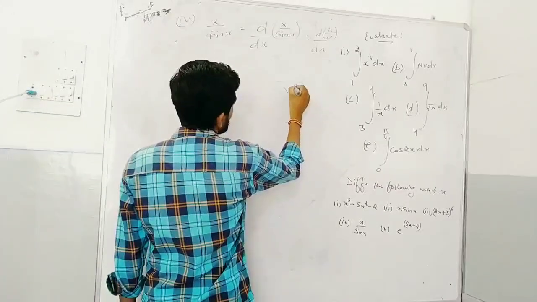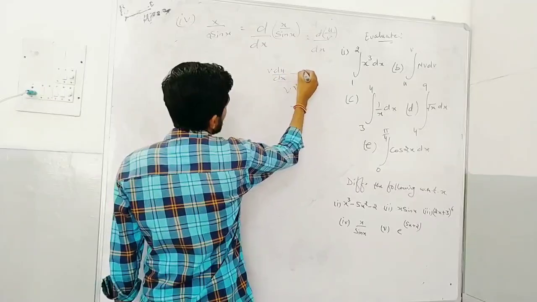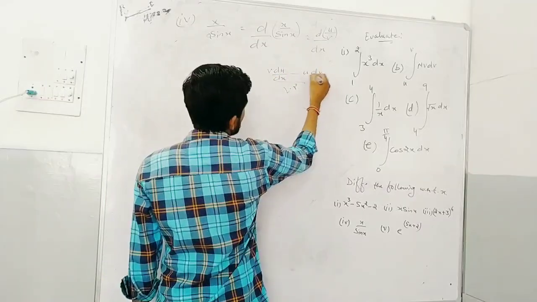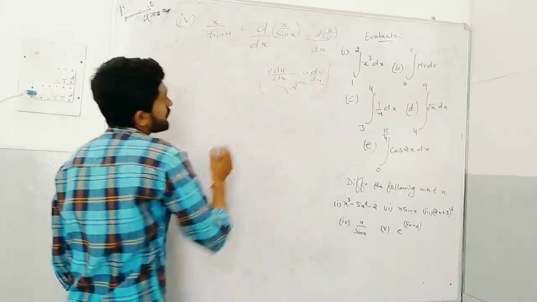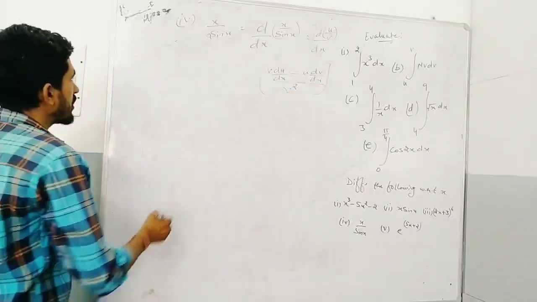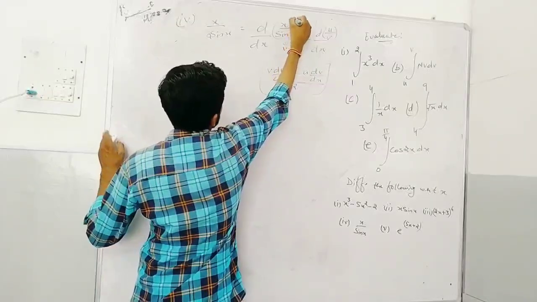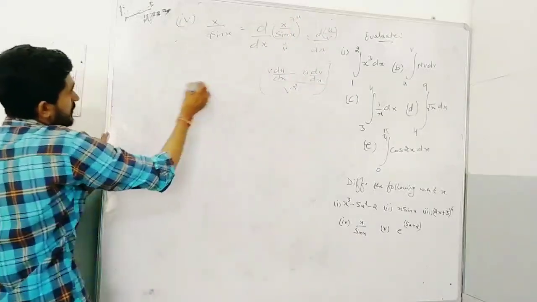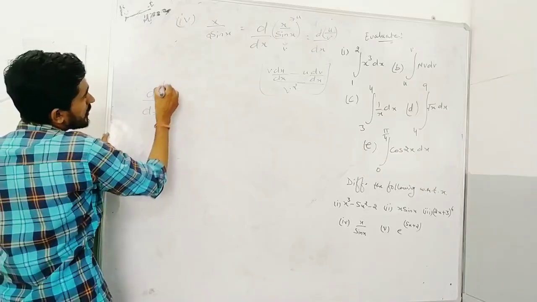It says v square, v as it is, differentiation of u, minus u as it is, differentiation of v. Applying this formula, this we take as v, and this we take as u.